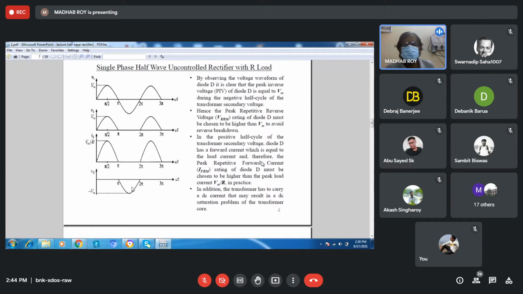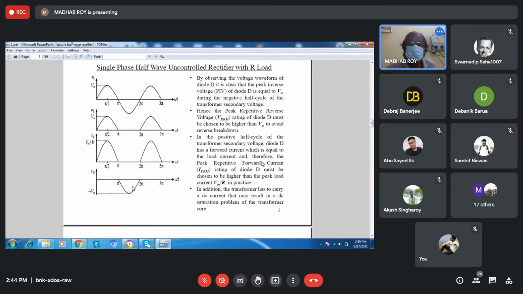So the PIV should be lower than the breakdown voltage. That's why the PIV of a diode is very important. Hence the peak repetitive reverse voltage rating VRRM of the diode must be chosen higher than Vm to avoid reverse breakdown. That's why the rating matters.